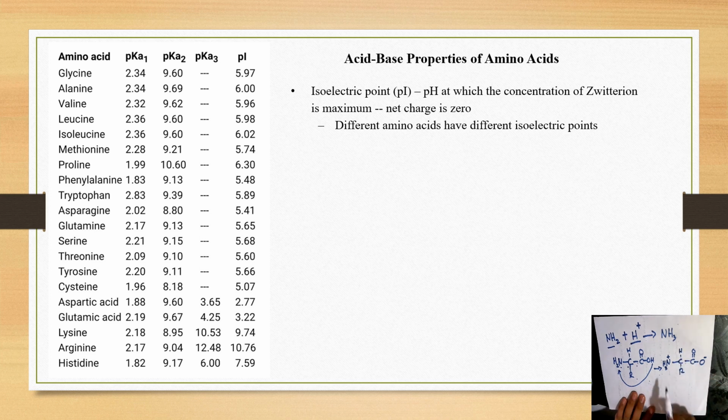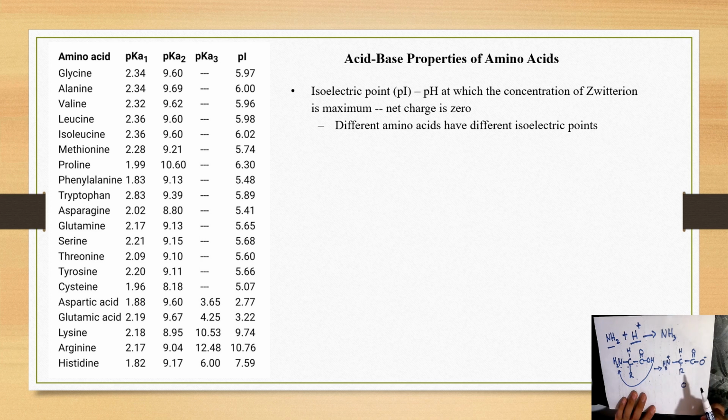Let's write the R group below, the hydrogen above. Take note that the amino acid now is neutral. It's neither positive nor negative. The net charge is zero because negative plus positive is zero.